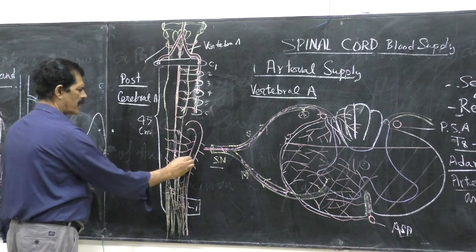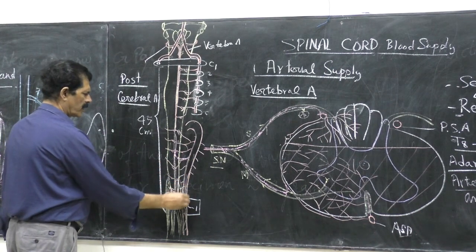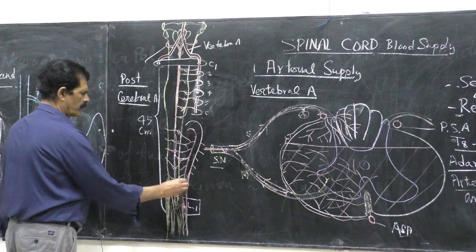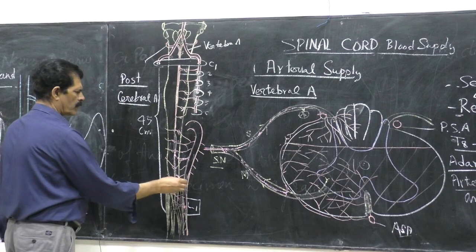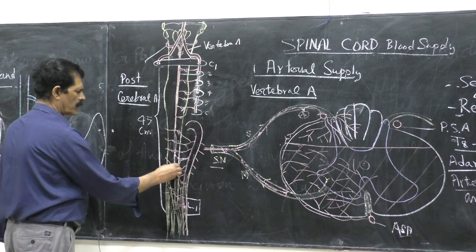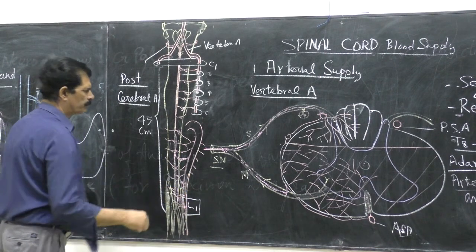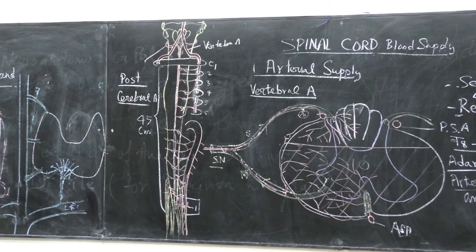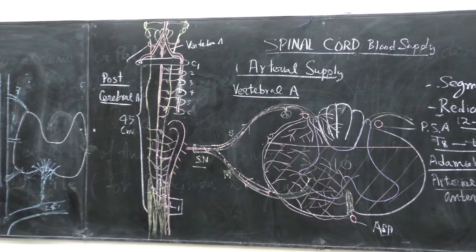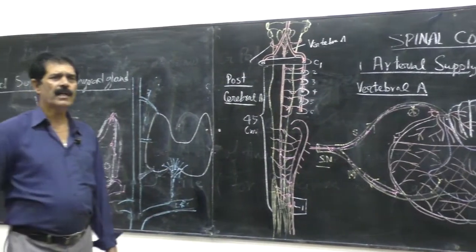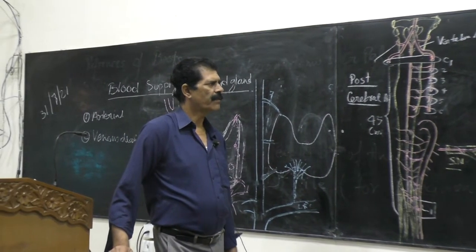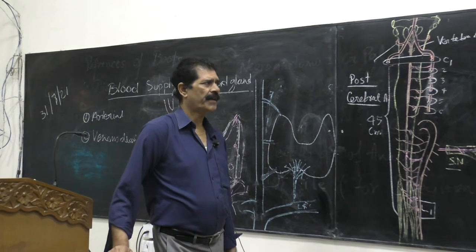Other radicular arteries are branches of the abdominal aorta. So this is how the arterial supply of the spinal cord is completed, with the anterior as well as the posterior part.